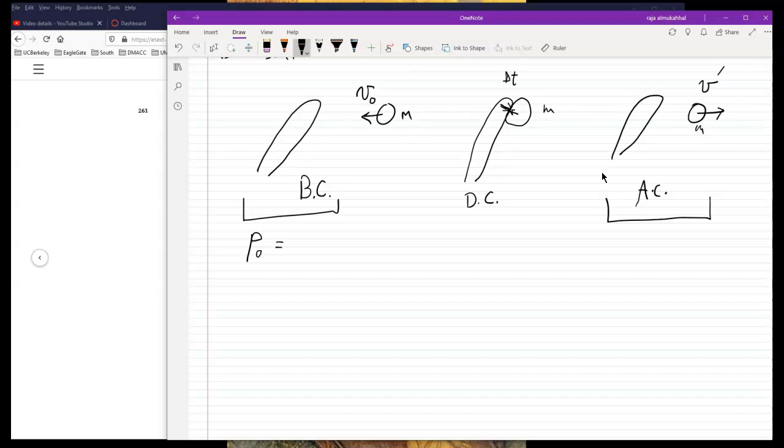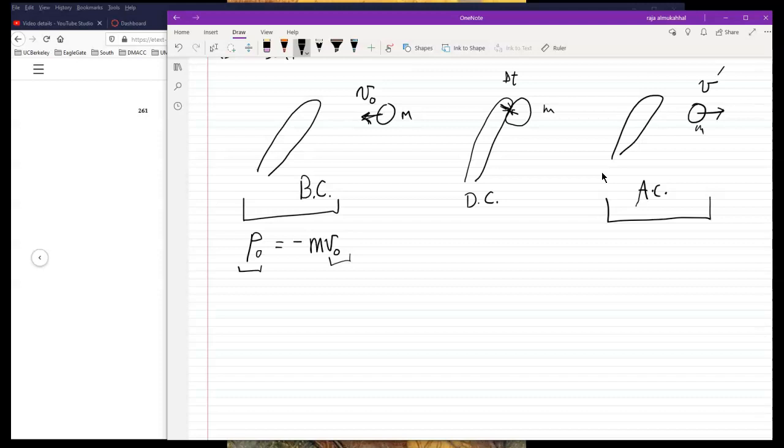And we said that the momentum is mv, so that's going to be mv0. Is that okay? But keep in mind, since the velocity is a vector quantity, this means the momentum is also a vector quantity, which means direction is important. Here we have the velocity moving to the left, so we have to have a minus sign there. So far, so good? Okay.